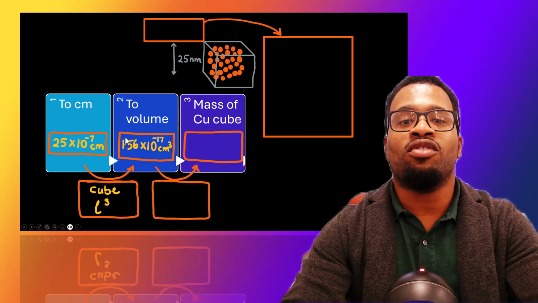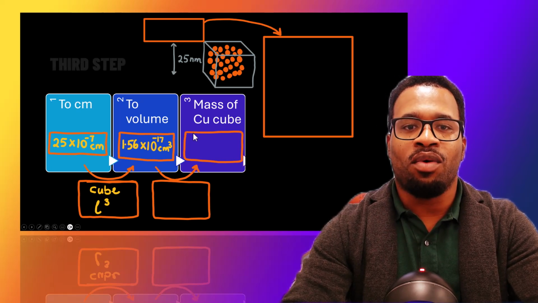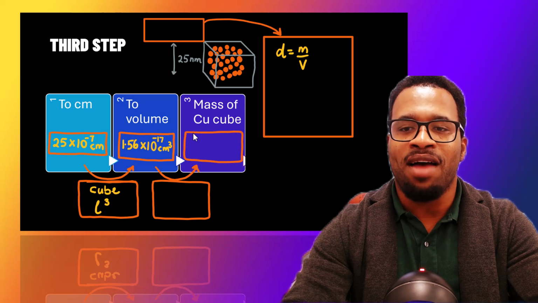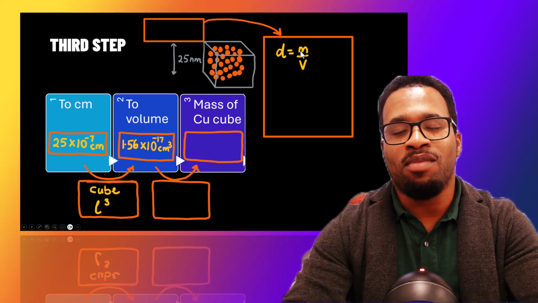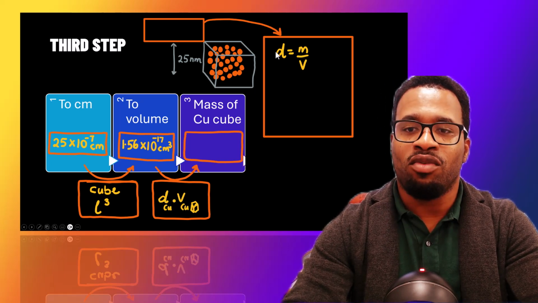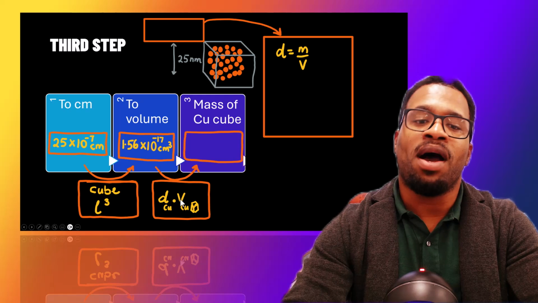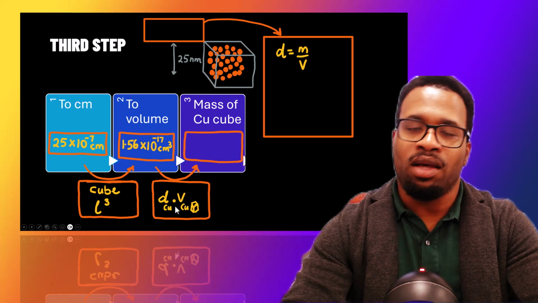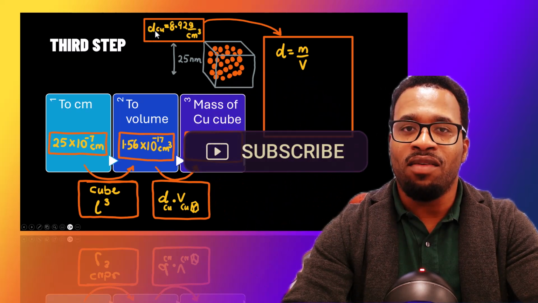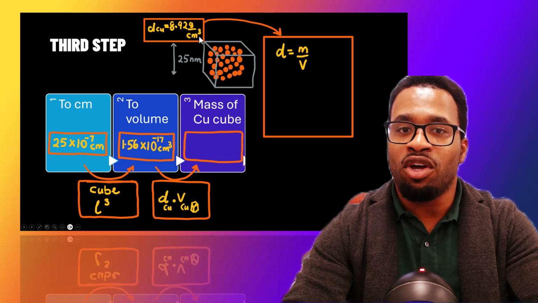The next step is to determine the mass of the cube, which is made out of copper. The density will grant us access to the mass, where the density is equal to the mass divided by the volume of that object, and that means to find the mass we need to cross multiply. That means our density is multiplied by the volume of the cube. The density for copper is given as 8.92 grams per centimeter cubed.